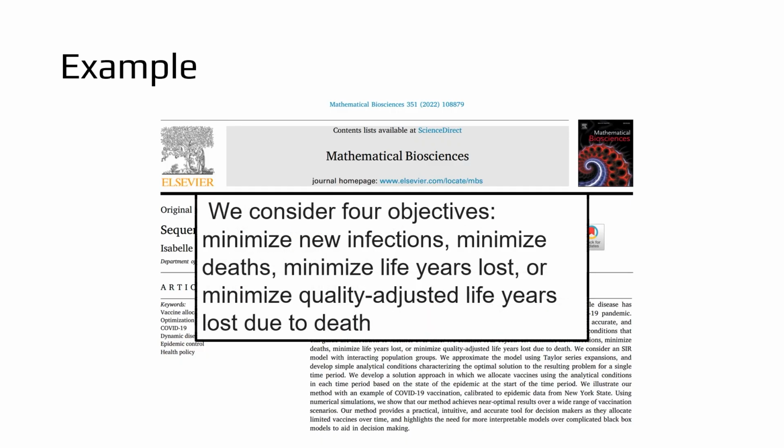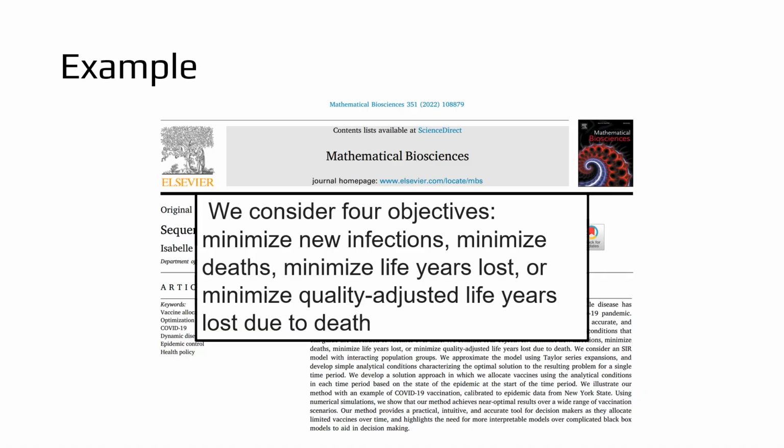And you see here, I'm taking one sentence from each of these abstracts just for illustrative purposes. They considered 4 objectives, right? We talked about defining objectives. So here they defined their objectives: minimize new infections, minimize deaths, minimize life years lost, minimize quality adjusted life years lost due to death. Of course, in Canada, we added the objective of ensuring that people of Indigenous ancestry also get prioritized.